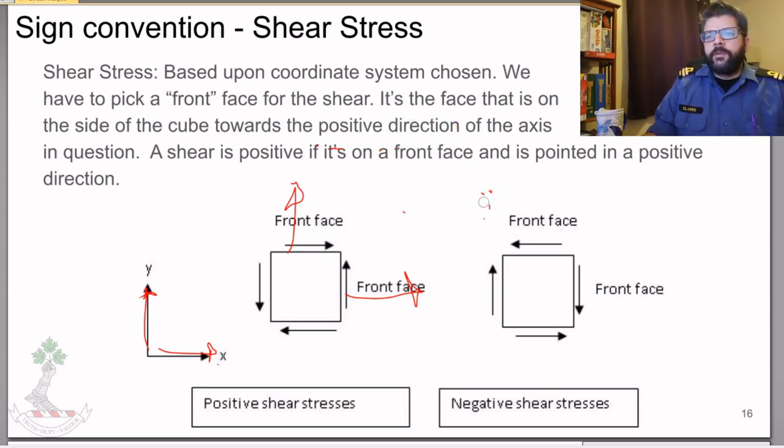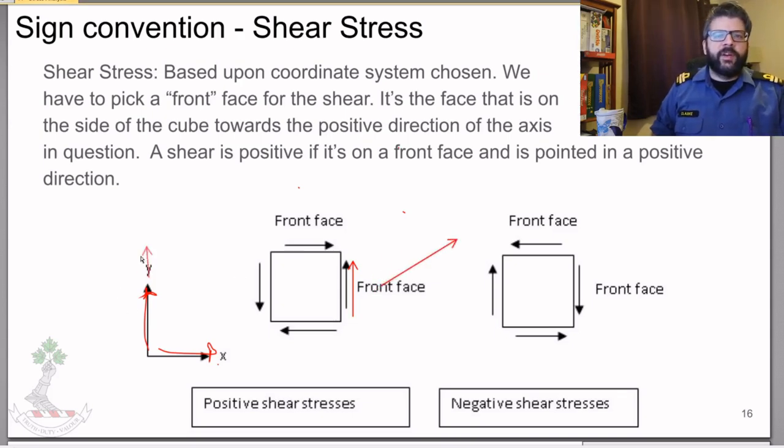So once we define the front face, a shear is positive if it is acting on the front face and pointed in a positive direction. So this one's acting on the front face and it's pointed up. When up is defined as positive in the y direction, then that's positive.